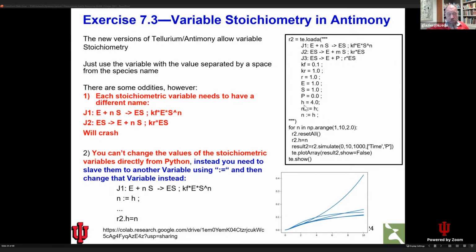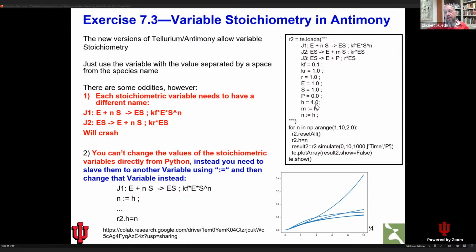It's a small point, but one that I didn't want to introduce until a little later. If I say H equals 4, then I can overwrite the value of H. R.H equals N. I'm allowed to overwrite it.